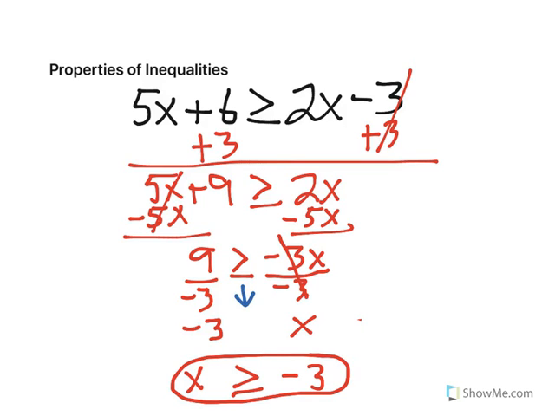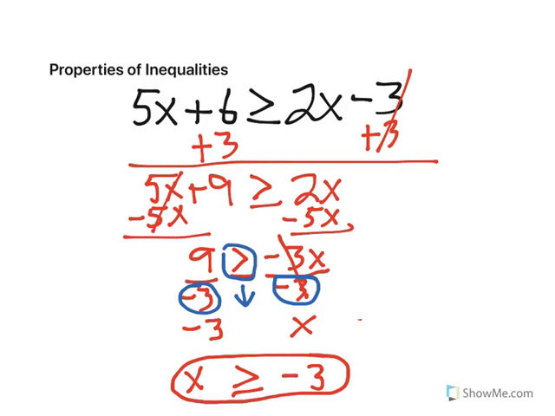Anytime you multiply or divide an inequality by a negative number, and I divide it by this negative number here, anytime I do that, I have to reverse the inequality.